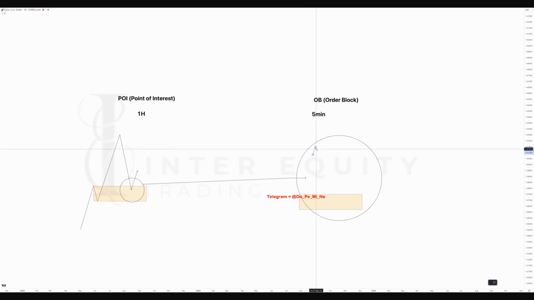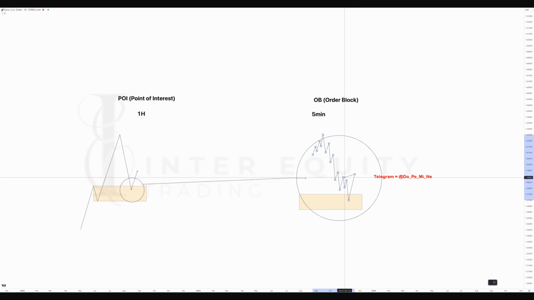Okay, so let's mark out this over here. So this is your high, break of structure, lower lows, lower highs, lower lows, lower highs, lower lows, lower highs, lower low, and then let's say you got your break of structure.